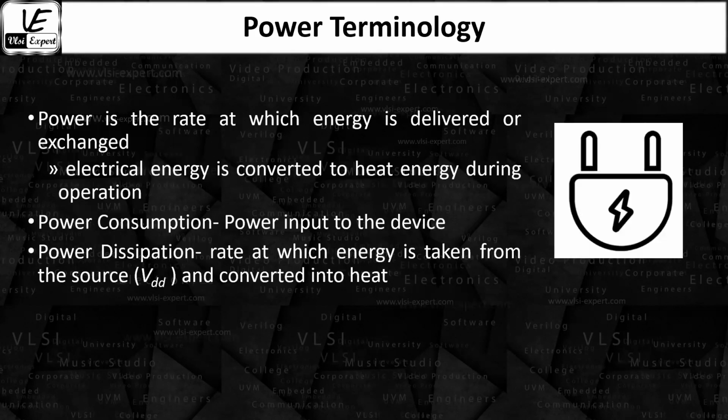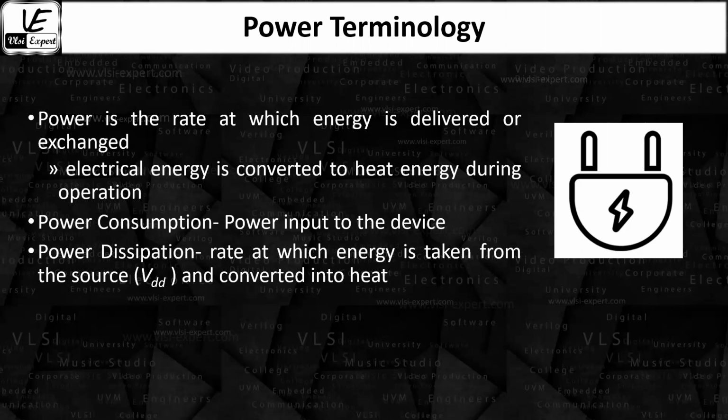Power terminology. Power is the rate at which energy is delivered or exchanged. Basically, we say that electrical energy is converted into heat energy during operation, that is the active mode of the device. Now, how can we distinguish between the power consumption and the power dissipation? The power consumption probably refers to the power input to the device which is under consideration.